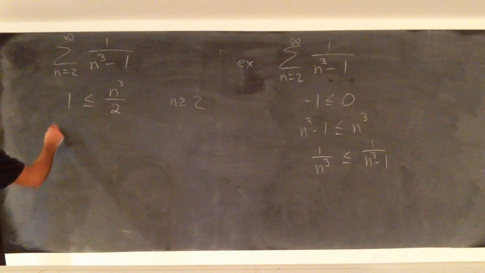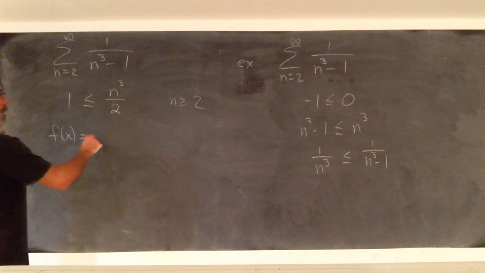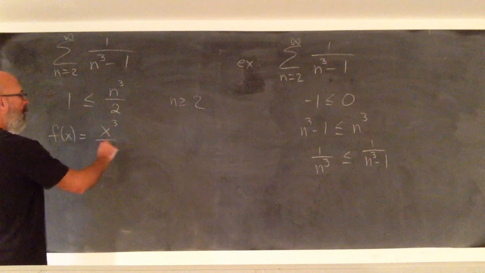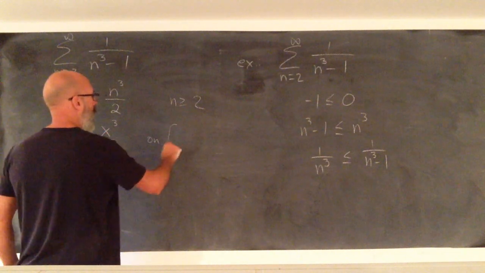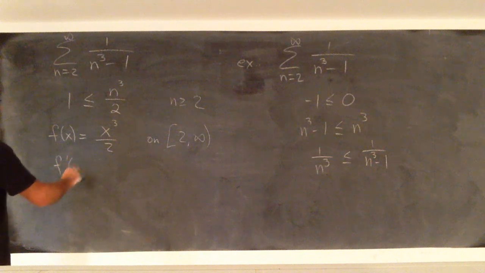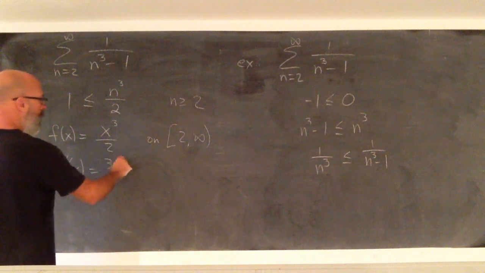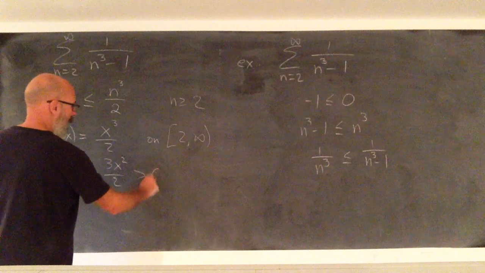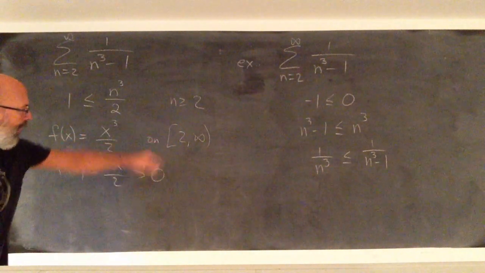Maybe I should make that clear. If we look at f of x is x cubed over 2 on the interval 2 to infinity, the derivative, 3x squared over 2, is easily seen to be positive on that interval.